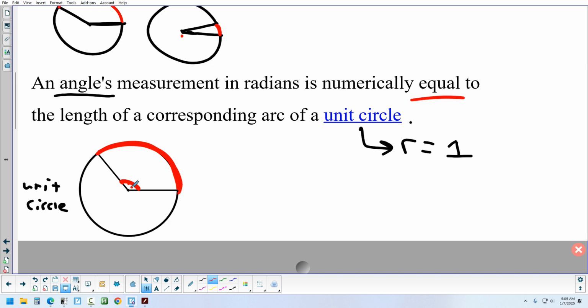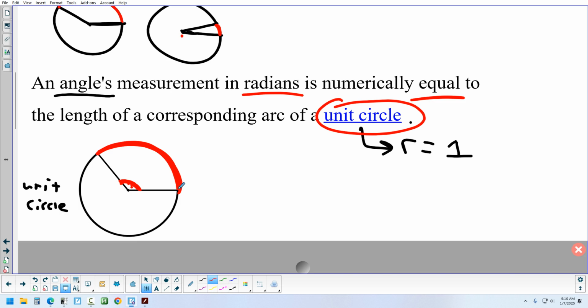These two things always come out exactly the same on this type of circle. Do they on other circles? No. But on this circle, they do. And it has to be done in radians. If you measure it in degrees, like if this is 10 degrees, is that going to be 10 feet? No, that doesn't work. But the size of this angle in radians and the length of this arc will always come out exactly the same.